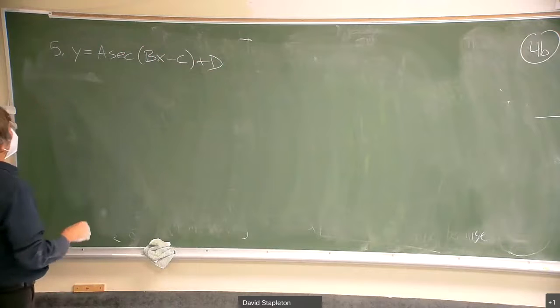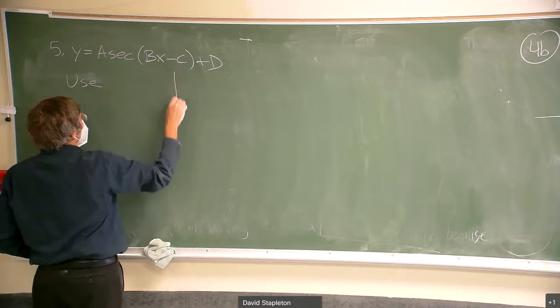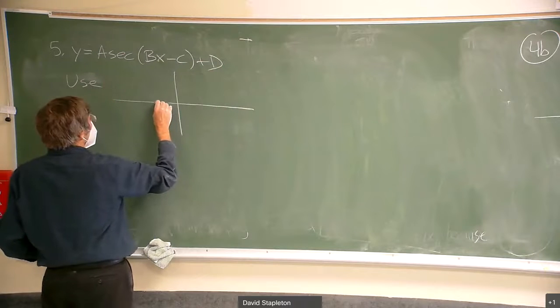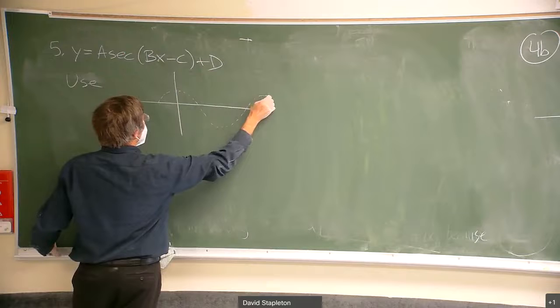And what does the secant look like? You use the graph of cosine to get it. It's the reciprocal. So what does cosine look like? Remember, it looks like this. A wave.